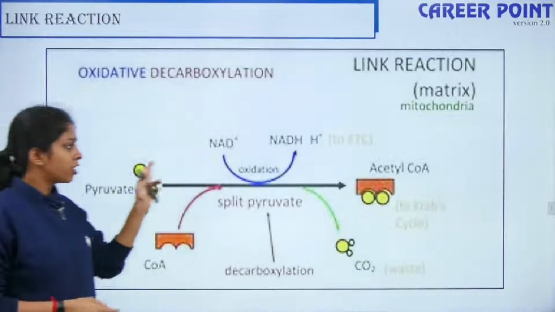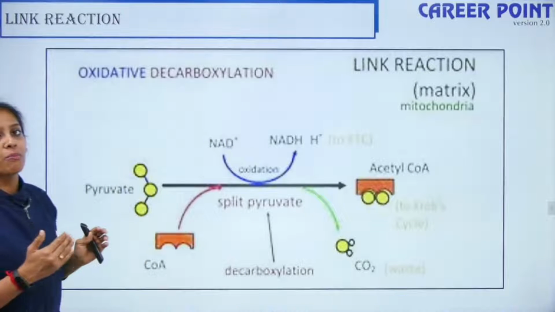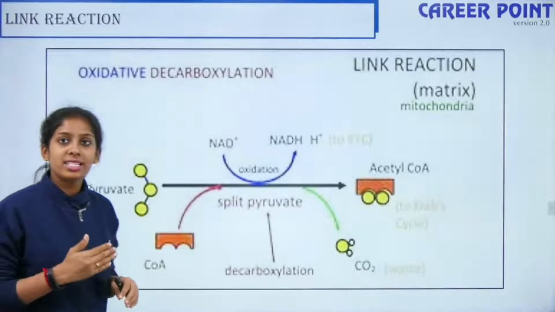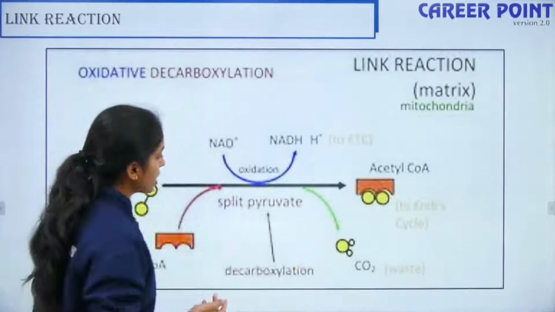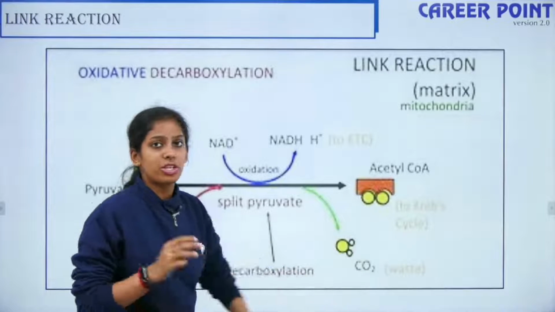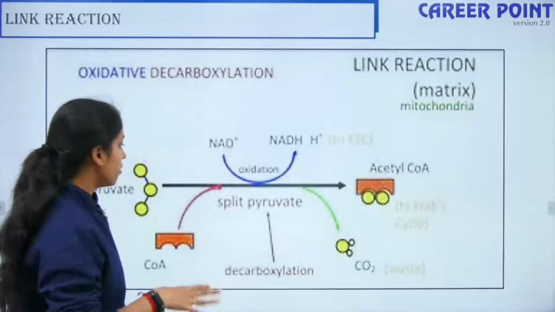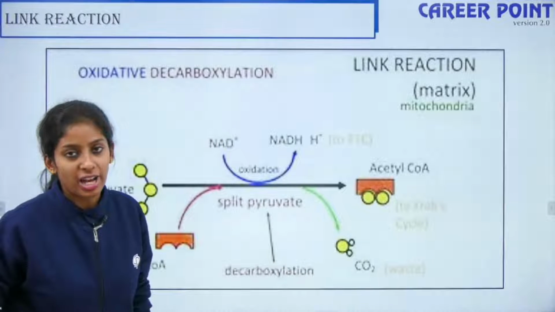So if it's 2 molecules, you have 2 molecules of acetyl-CoA, but this is a decarboxylation reaction. When I say it is decarboxylation, you have the removal of carbon dioxide. So 1 carbon dioxide is coming out, right? And this is catalyzed by an enzyme that is called pyruvate dehydrogenase.